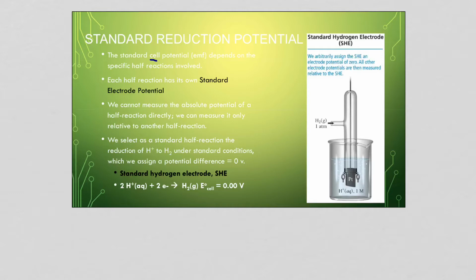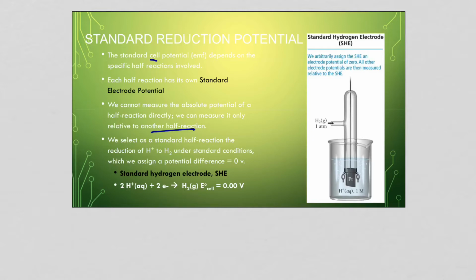Now, unfortunately, we can't measure the absolute potential of a half reaction directly. There has to be some sort of redox process involved in order to measure this. So what we can do, though, is measure it relative to another half reaction.